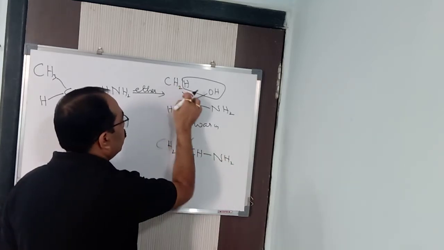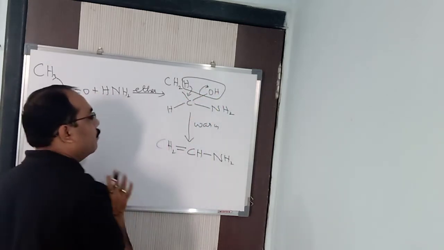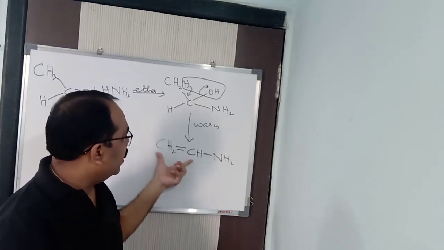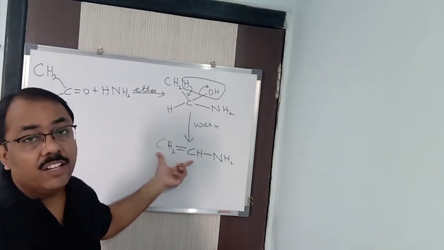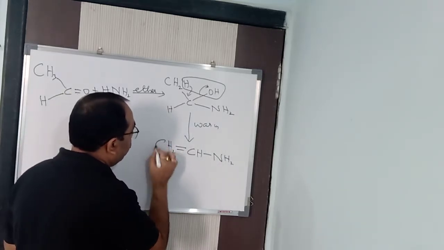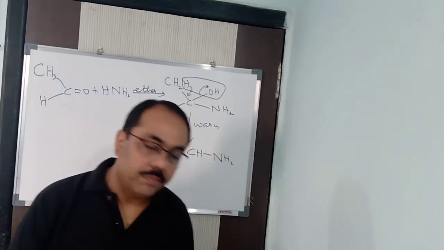You can see here CH2, it will be a double bond because this H comes here. Clear? But what is happening here? Nothing but a vinyl group is being formed, isn't it? This is a vinyl group. So a vinyl group is being formed here.